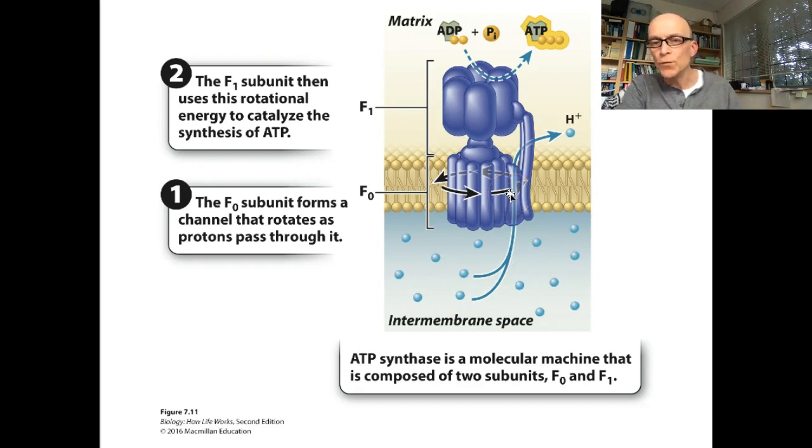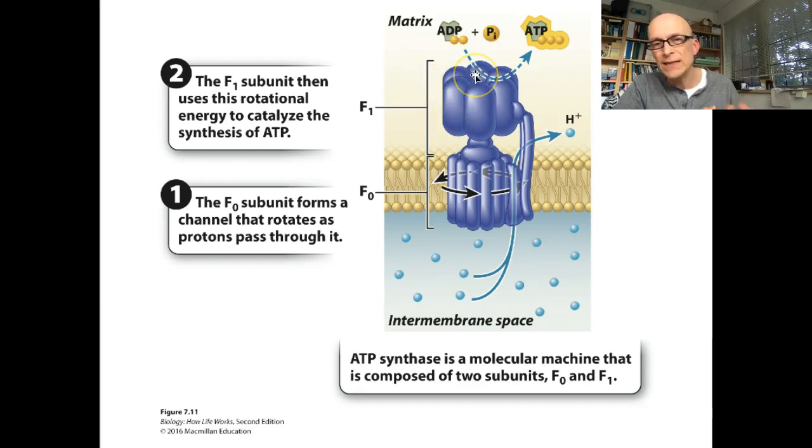It moves through, and it does that because it follows its concentration gradient. That pushes these molecular blades. This is all proteins, parts of the three-dimensional structure of the proteins, that allows the energy of these hydrogen ions rushing through to be turned into kinetic energy, and that twists something.